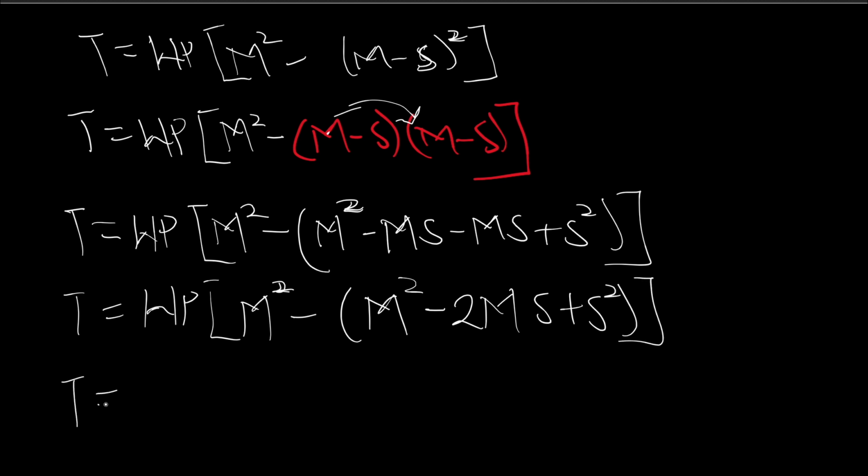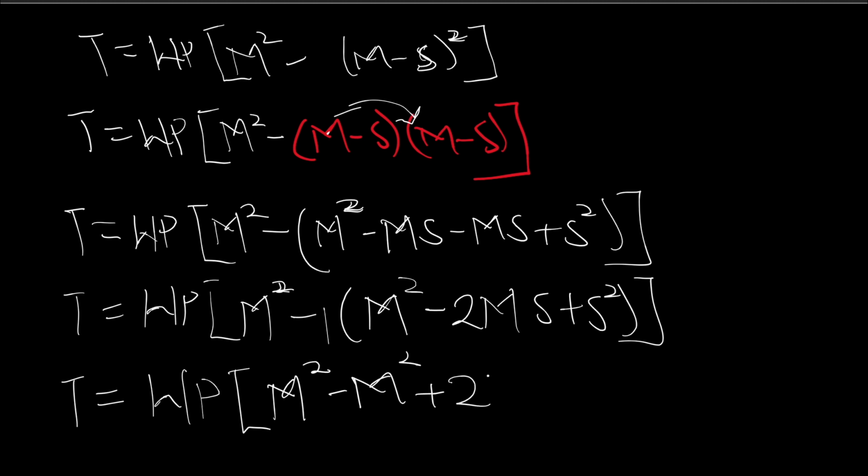So our T then becomes WP multiplying M squared minus 1 times M squared is minus M squared. Minus 1 times minus 2MS is positive 2MS. And minus 1 times positive S squared is minus S squared. So this brings us to this expression.